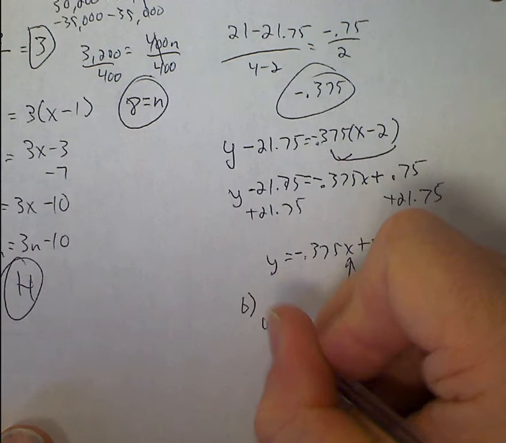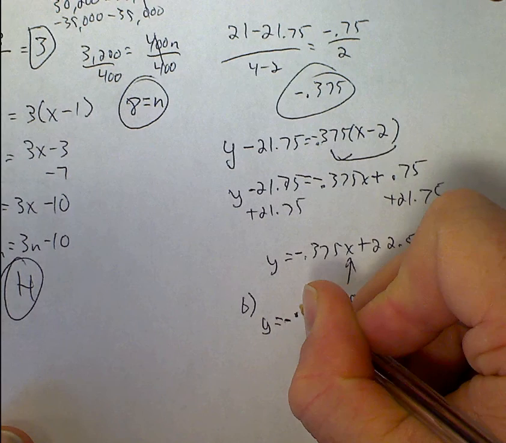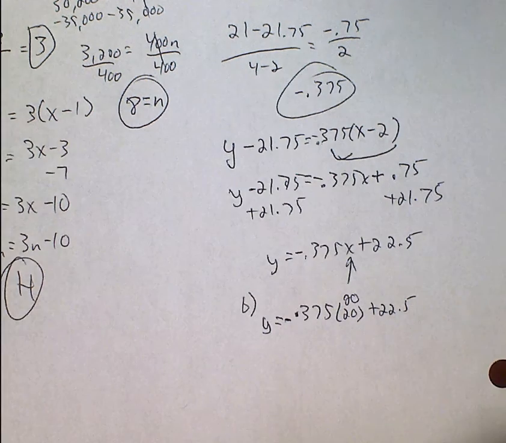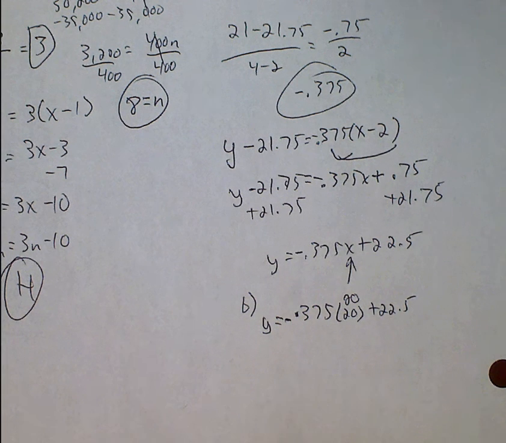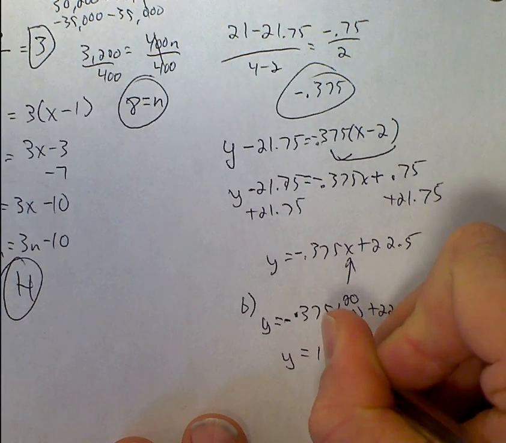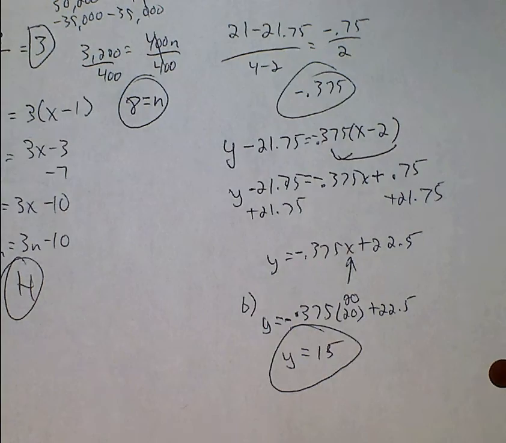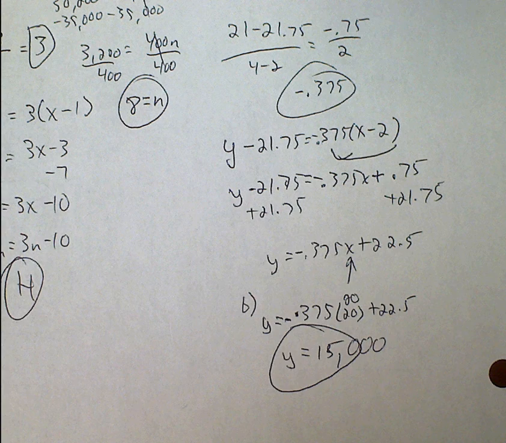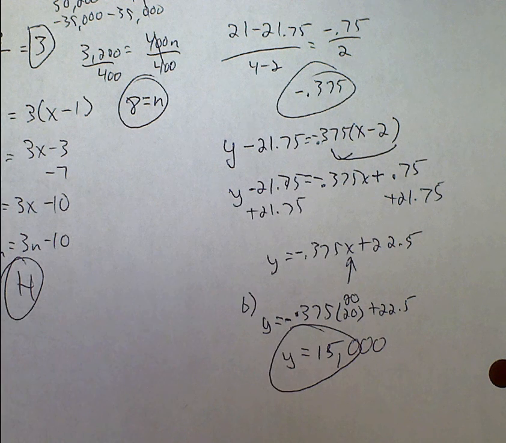So y equals negative 0.375 times 20 plus 22.5. 0.375 times 20 is negative 7.5. Negative 7.5 plus 22.5 gives me 15. So the attendance will be 15,000 because we're counting by thousand.